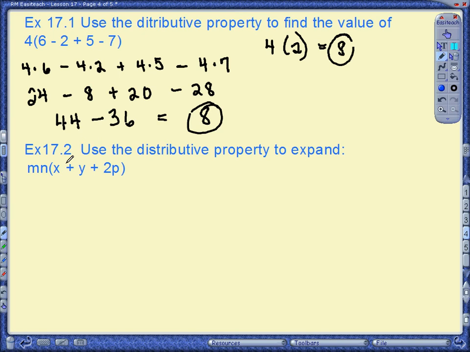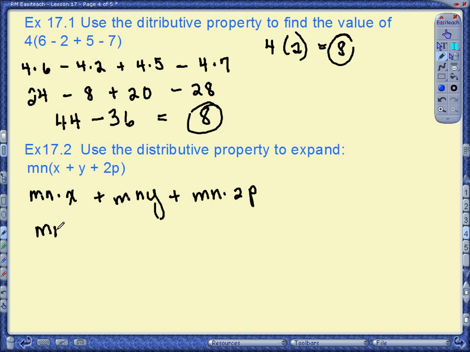Now, when we use the distributive property to expand this, we have all variables except in this term in the parentheses there's a 2. We multiply mn times x. We add, use the plus sign, mn times y, and then plus mn times 2p.